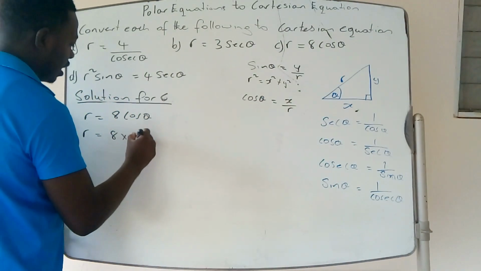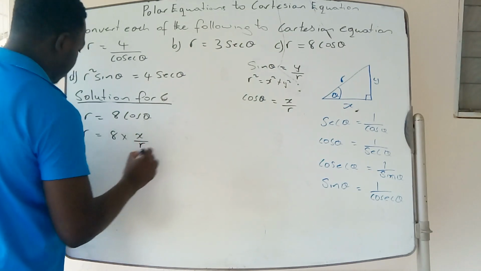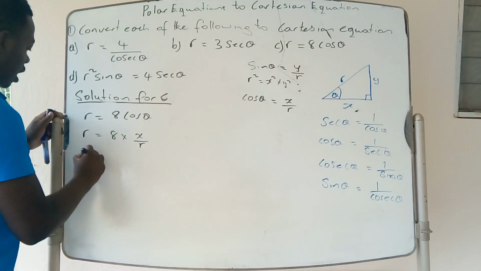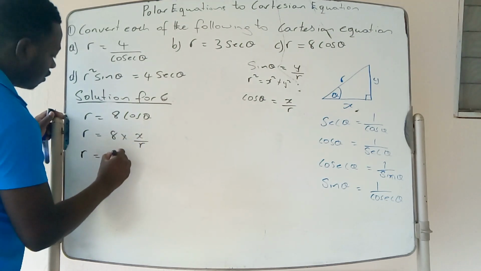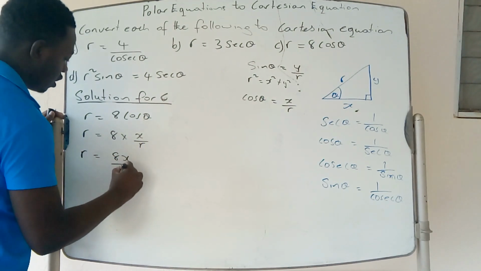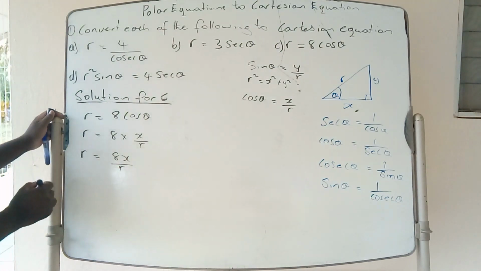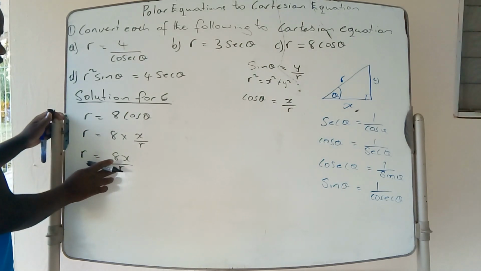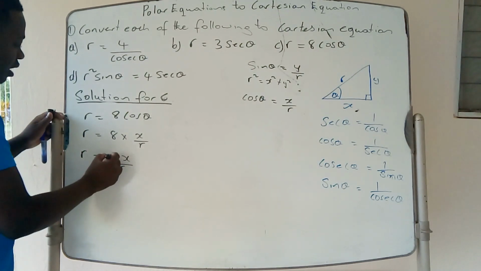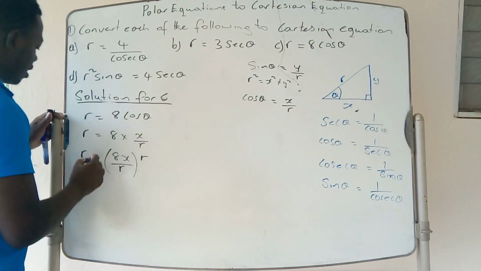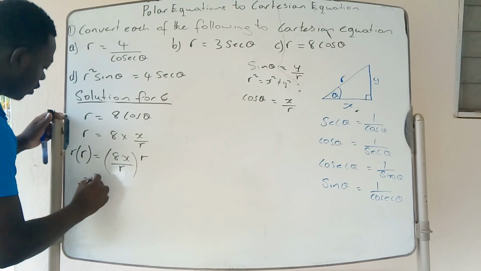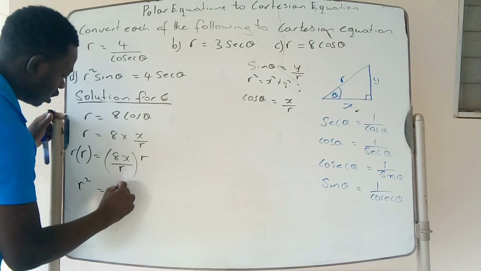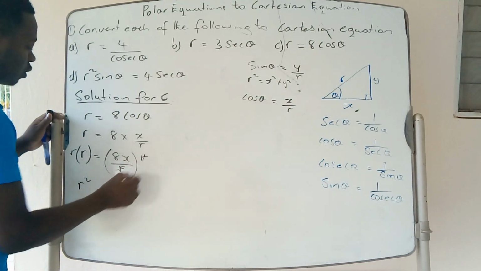So that's just 8 times x over r, which gives us 8x over r. Are we clear there? Now what we can do is multiply both sides by r. So r times r gives us r squared, which is equal to 8x, because the r will cancel.